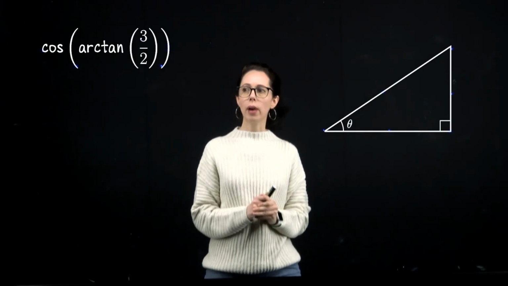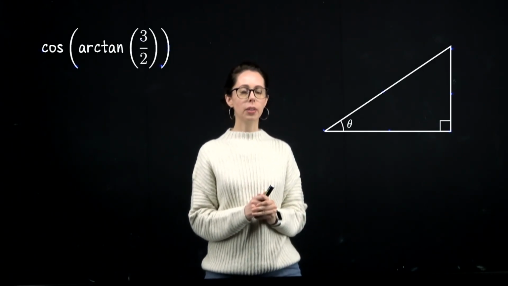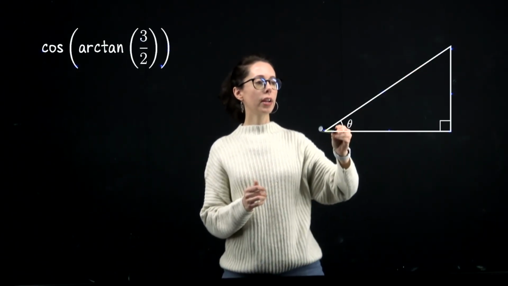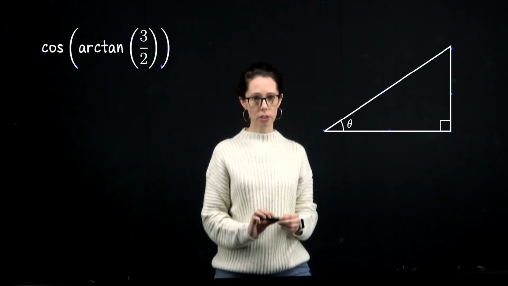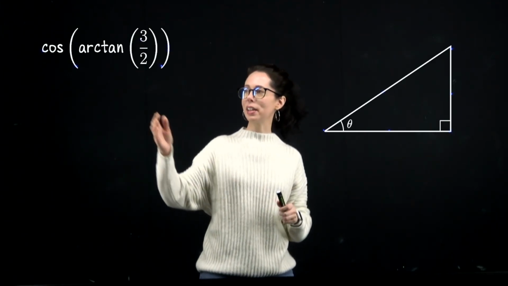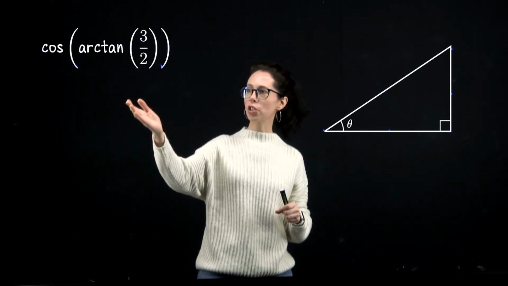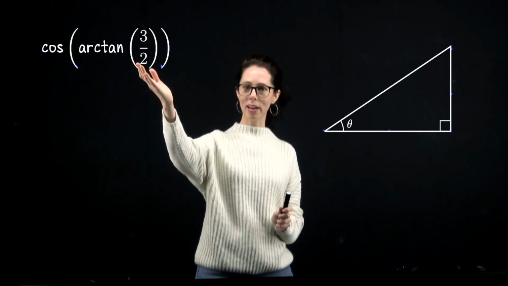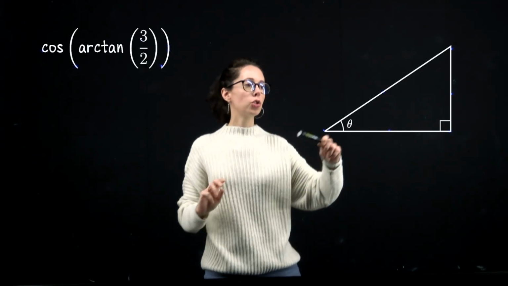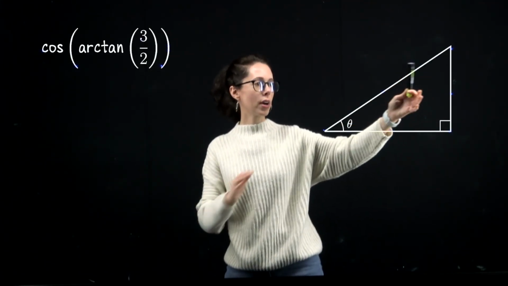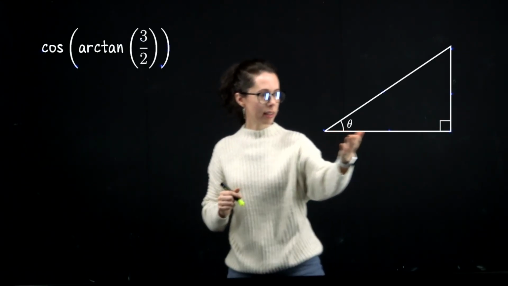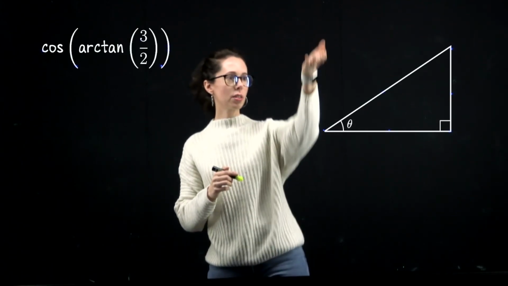When you draw a right triangle to evaluate this kind of computation, you just need to ensure that the hypotenuse of your right triangle is pointing into the correct quadrant. So the first three examples, we are going to be taking a trig function of an arc trig of a positive ratio of sides. When you have a positive innermost input, draw your hypotenuse so that your right triangle is situated in the first quadrant. So imagine that this is the origin, this is the x-axis, right here is the y-axis.